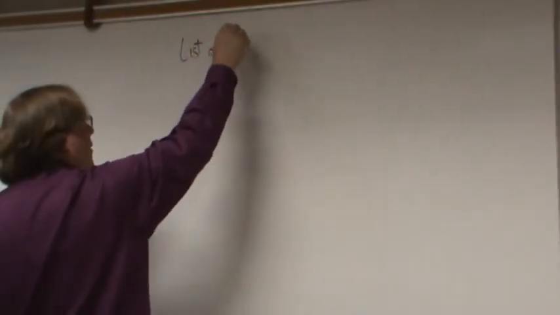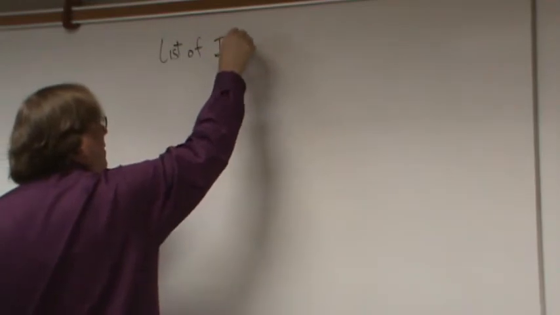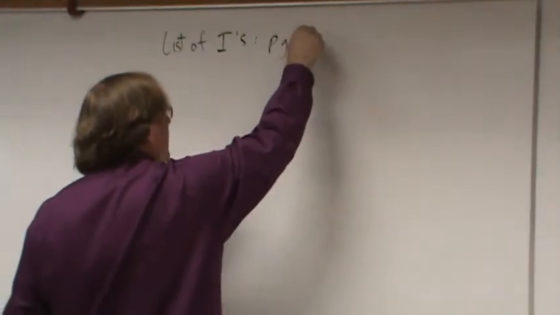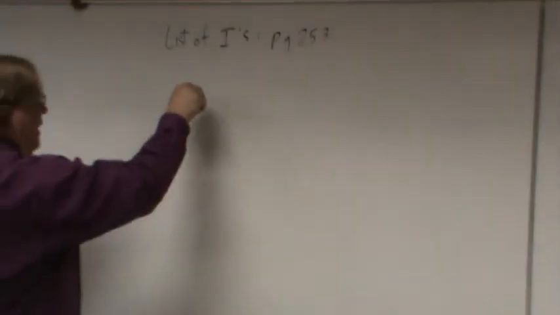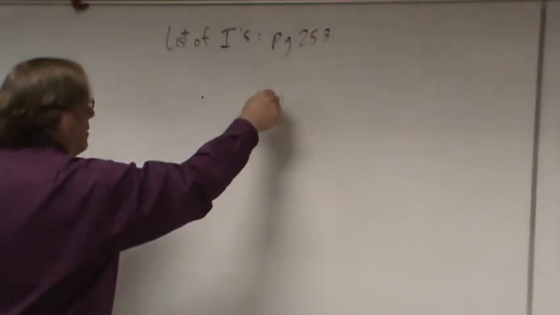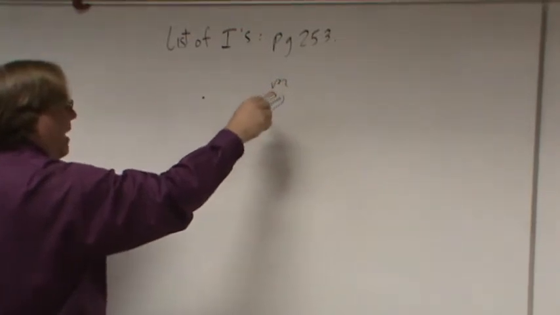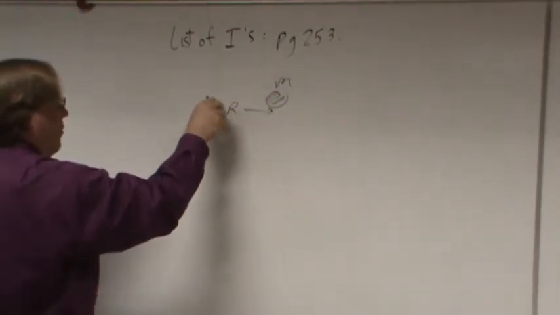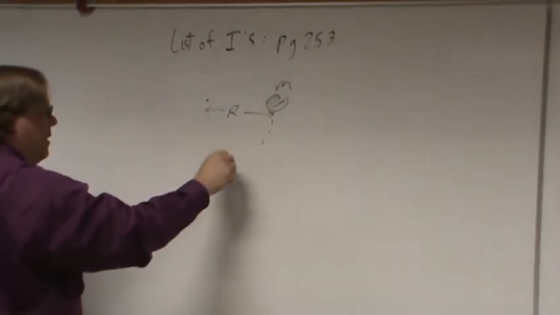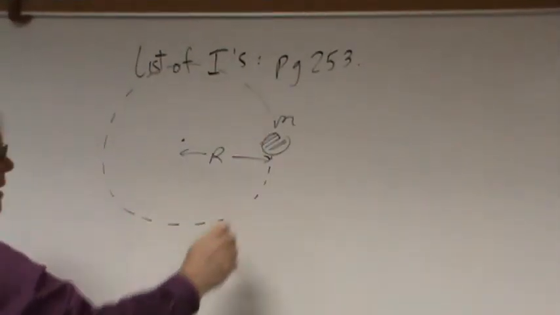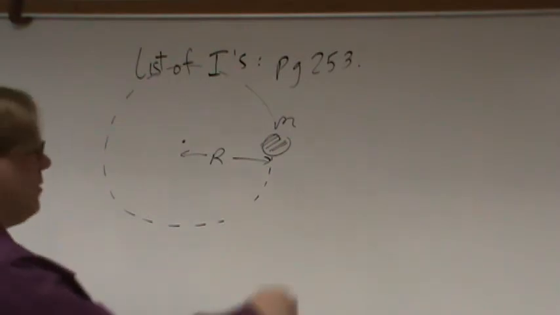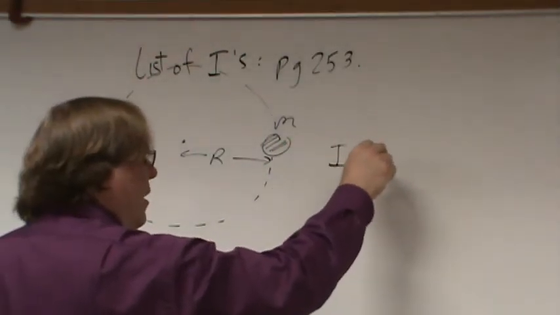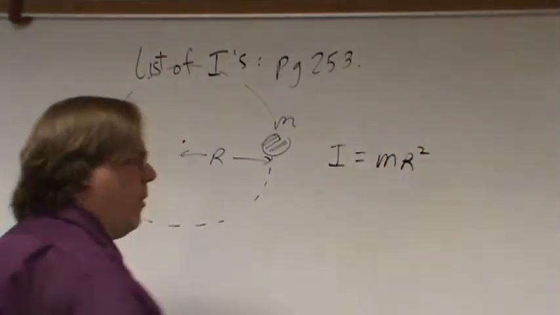List of I's is on page 253. So it turns out that if I have a point mass, some mass m, that's some distance away from a point of rotation, and this mass m is rotating round and around, like the pendulum I was showing you, it turns out that the formula for this is mr squared.